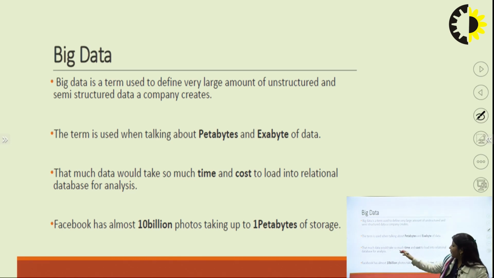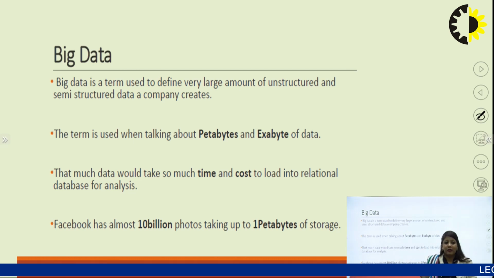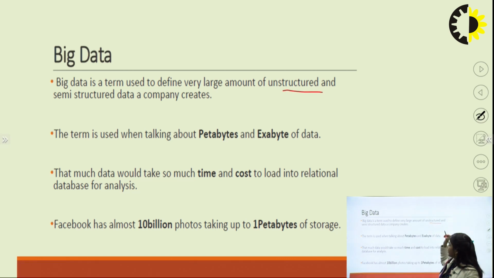That much data would take so much time and cost to load into a relational database. Before, with the old technology, we had relational databases like Oracle or SQL Server. These kinds of database software want the data in a structured format. So what if we have a large amount of unstructured data?